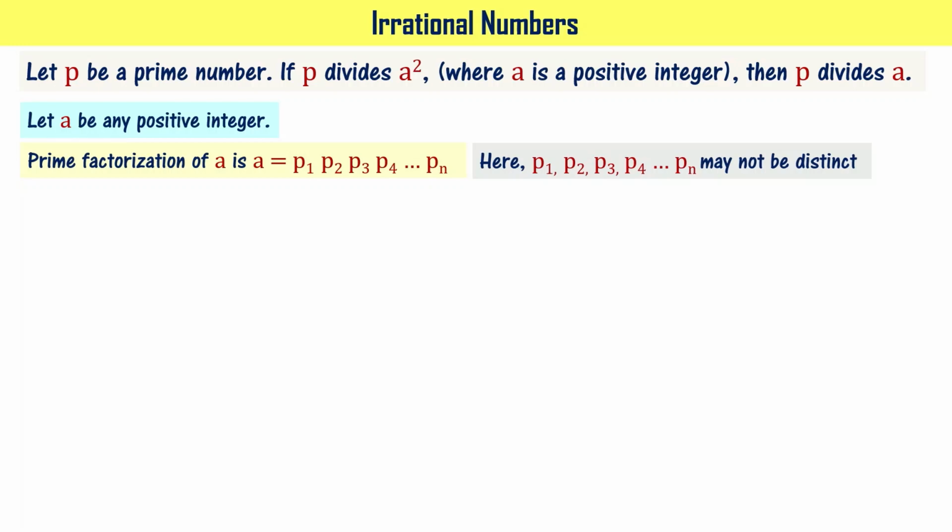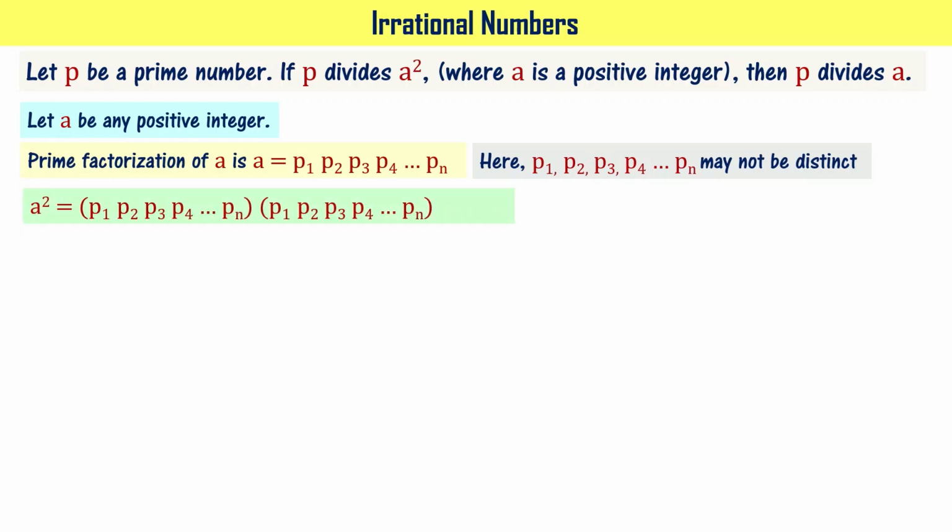We have written it as 2 times 2 times 2. In that case, prime factor p1, p2, p3 is equal to 2, and that's why they are not distinct. So we are not saying anything about whether they are distinct or not. A can be written as product of these prime factors p1, p2, p3, p4 and so on up to pn.